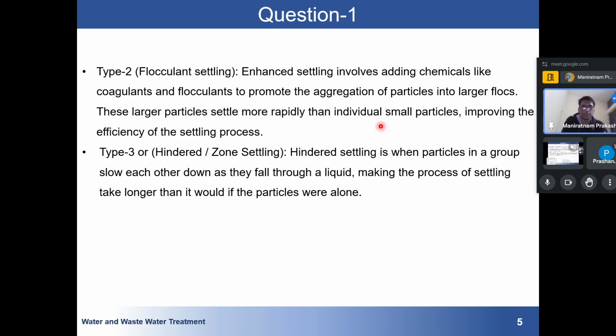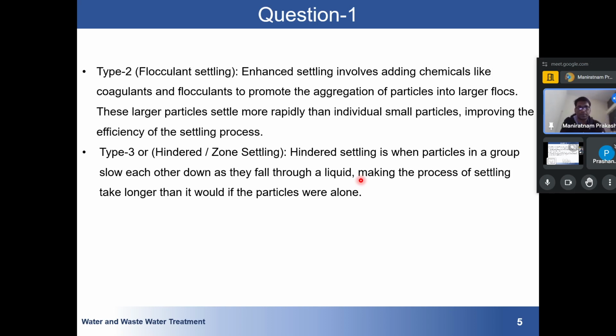That particle will go down, and the process will be very slow. When we add some microbes, in this type of settling you will see that every particle is settling in some kind of layer.